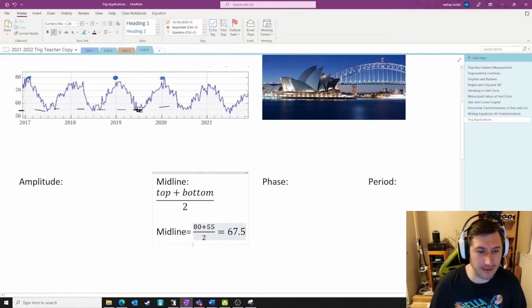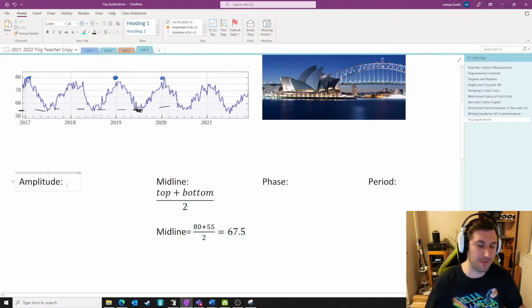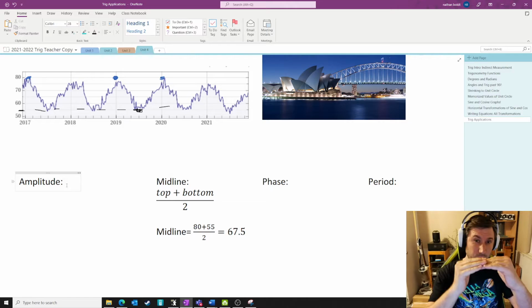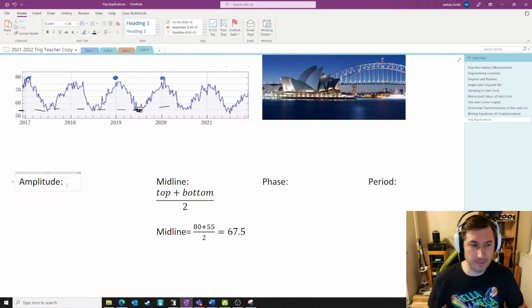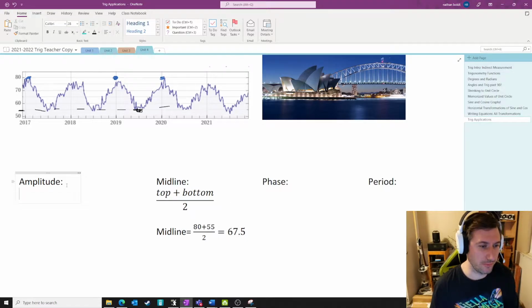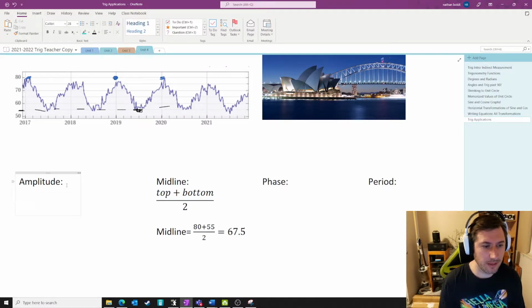All right, well, now that I have my midline, I can find my amplitude. So if the middle is 67.5, how far up and how far down are we going? Well, we need the distance from the middle to the top, or the distance from the middle to the bottom. How do you find the distance between two numbers? Subtract. So we're going to do either the top minus the middle or the middle minus the top.